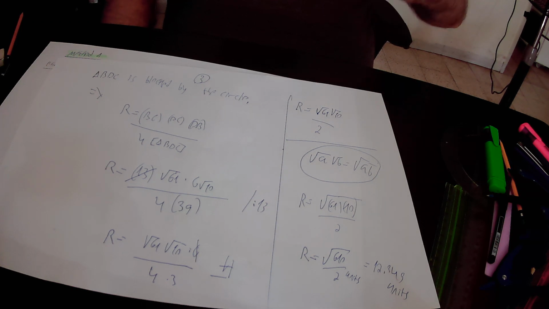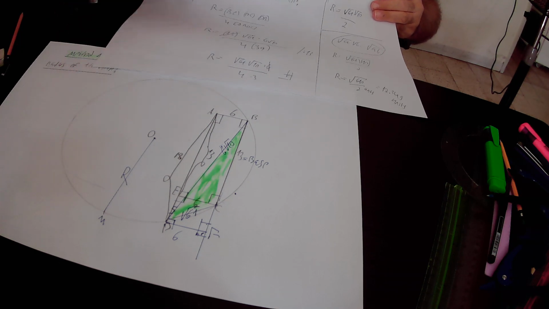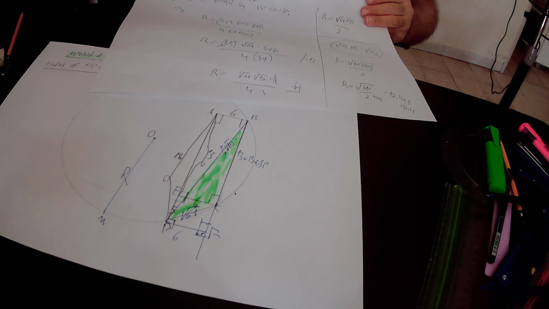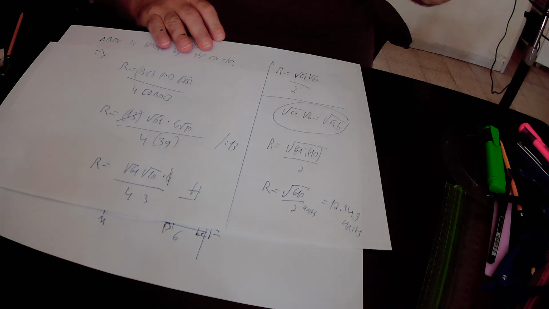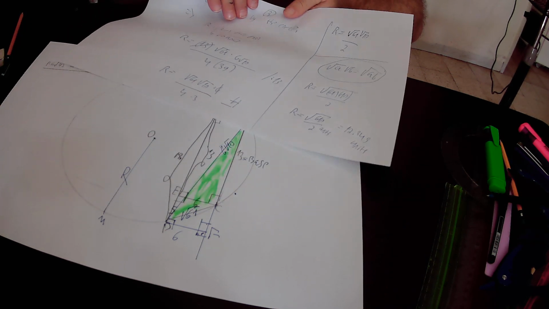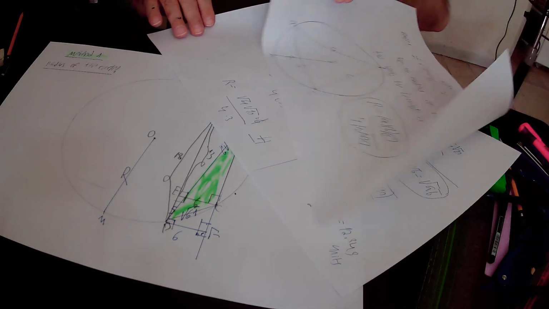So we actually found out that the radius of this circle, according to the first method, equals the square root of 610 over 2 units, or in terms of numbers, it is equal to 12.349 units. We finished with the first method, then I presented to you the second method.